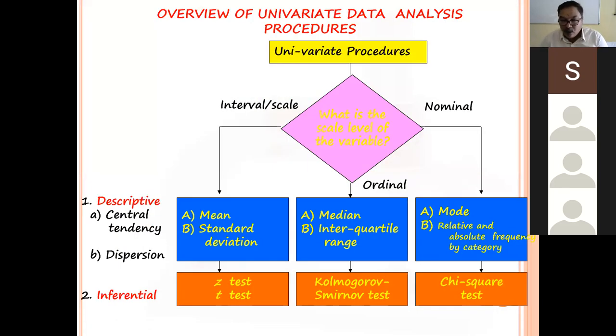Once you have understood your data, whether it is nominal, ordinal, or interval or ratio scale data, here I am presenting both interval and ratio scale data under a single head, because for interval data there is no analysis. You have to convert your interval data into ratio scale. That's very important. How to convert? If the interval is 0 to 10, you add 0 plus 10 and divide by 2, and you get 5.